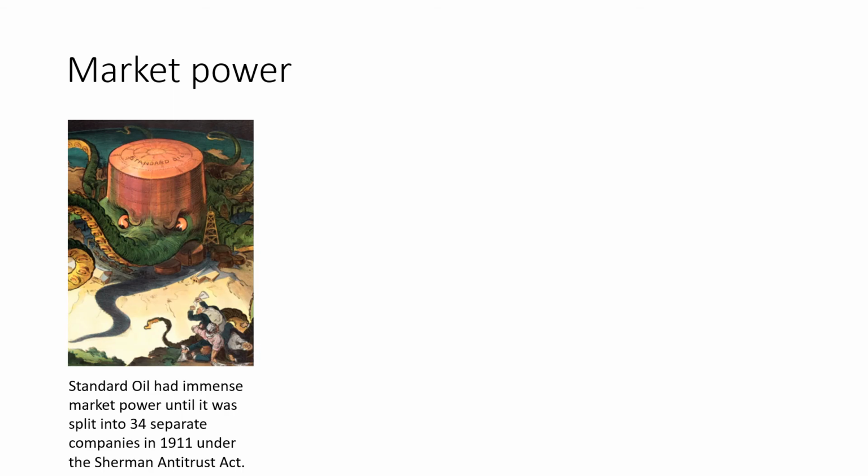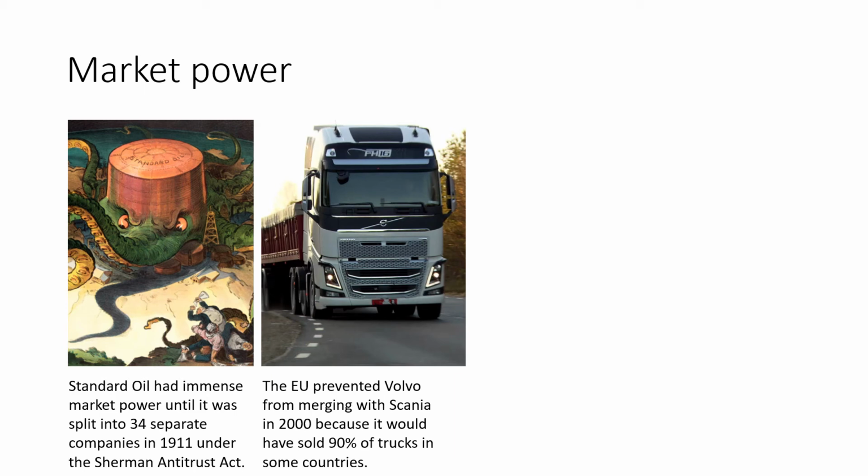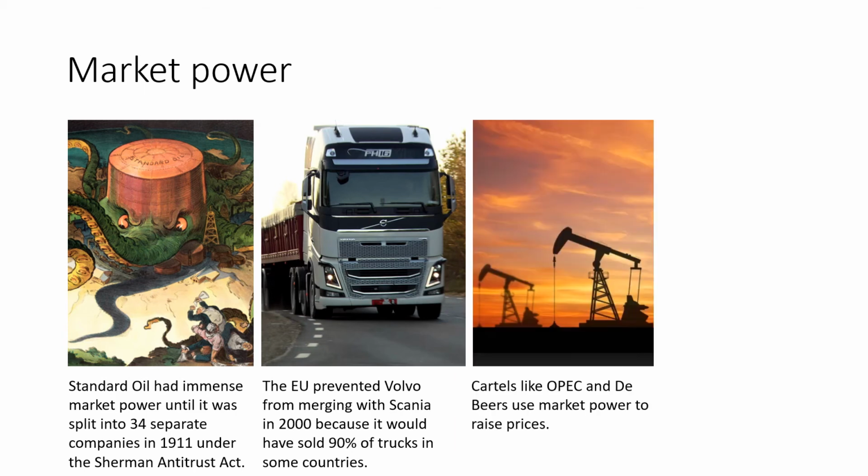So here, for example, Standard Oil had immense market power until it was split into 34 separate companies in 1911 under the Sherman Antitrust Act. The EU prevented Volvo from merging with Scania in 2000 because it would have sold like 90% of trucks in some countries.